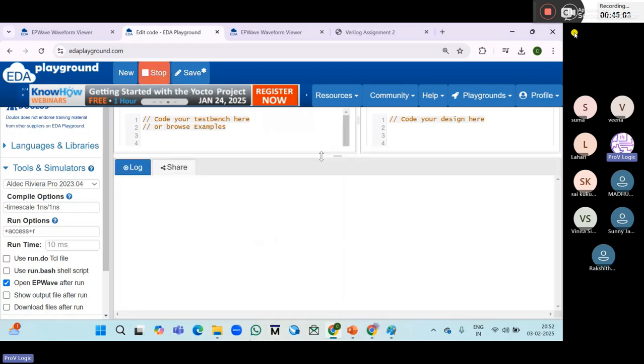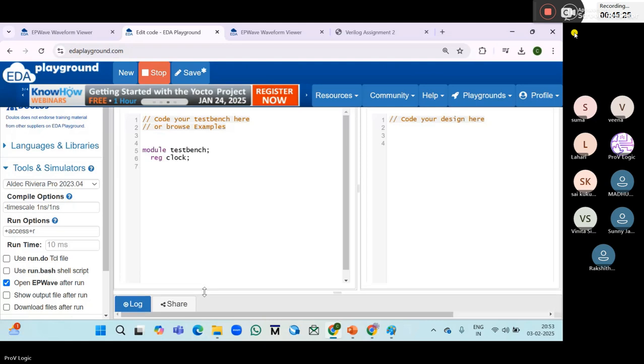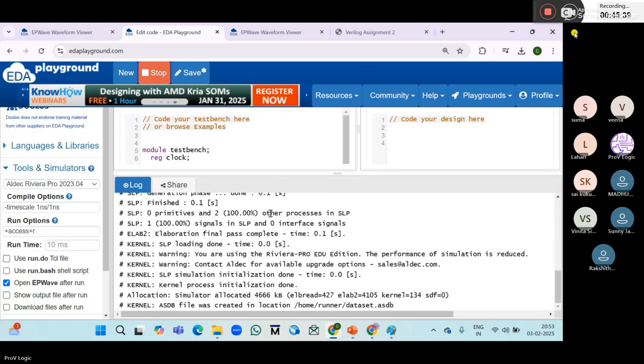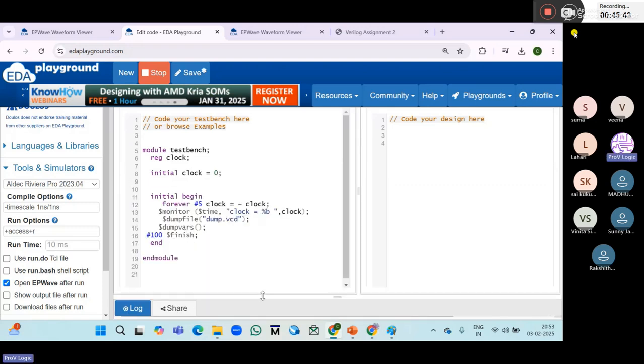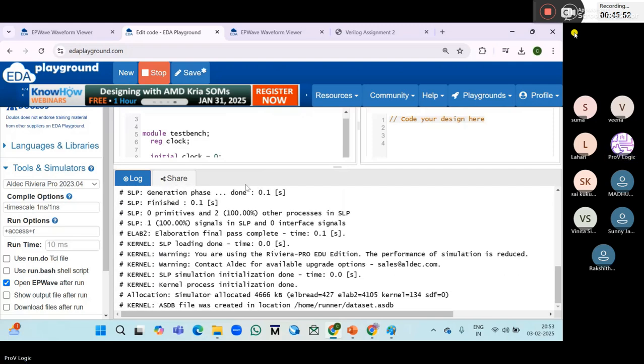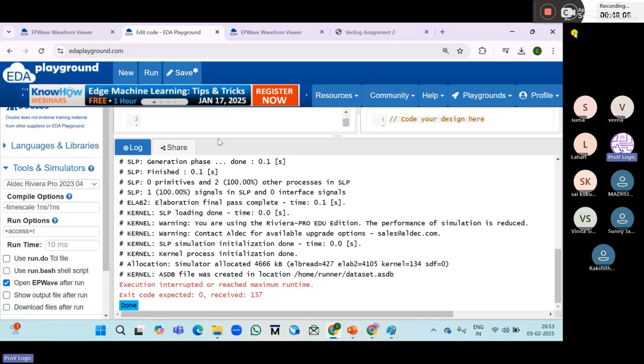So here it will be printing till 95 time units. Reached maximum limit again.